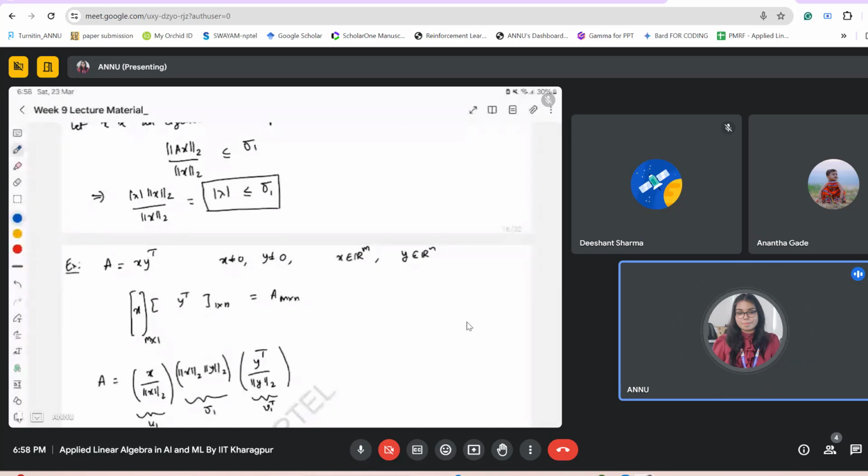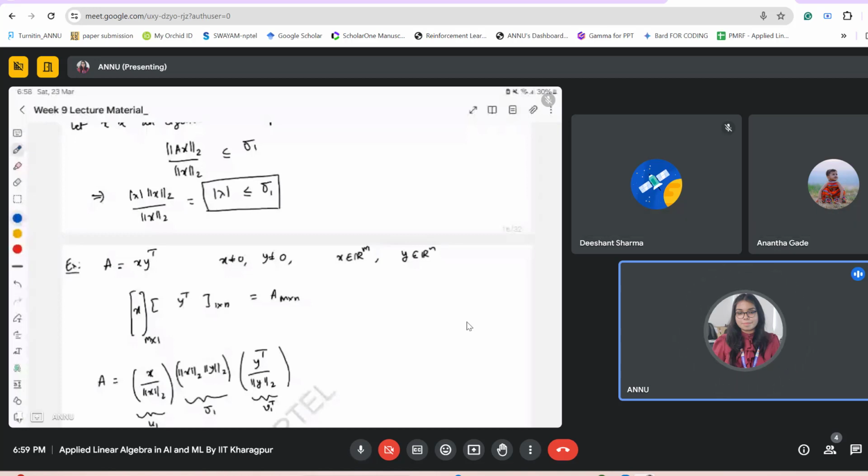If it is not clear, you can ask me again. But this is important in the sense that we saw this maximum magnification. Do you remember the term? It was in the sensitivity analysis. In the sensitivity analysis we saw that the magnitude of Ax divided by the magnitude of x should be less than or equal to 1, right?